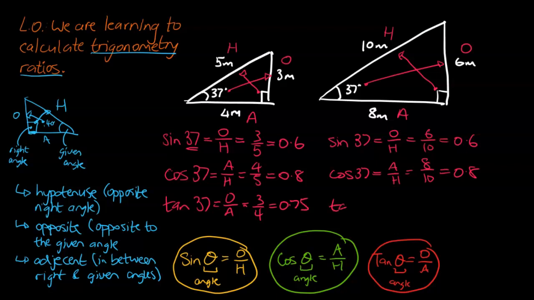Tan 37 should be the exact same in this triangle as well. O over A, that there is going to be equal to 6 divided by 8. And again, that equals 0.75. And just to reiterate, that there is because the angles are the same inside of it, but it's proportionately bigger because of the sides.